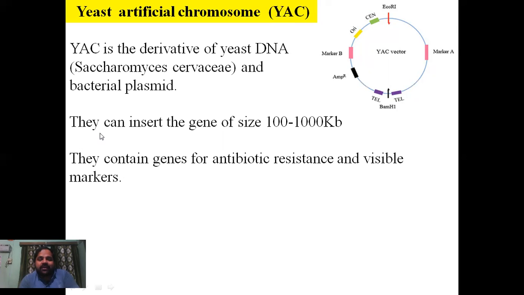And we can see here the insert size, means we can put our gene of interest ranging from 100 to 1000 kilobase pair, and again these vectors have also been used in genome sequencing experiments, and they contain genes for antibiotic resistance and visible markers also. We can see here.